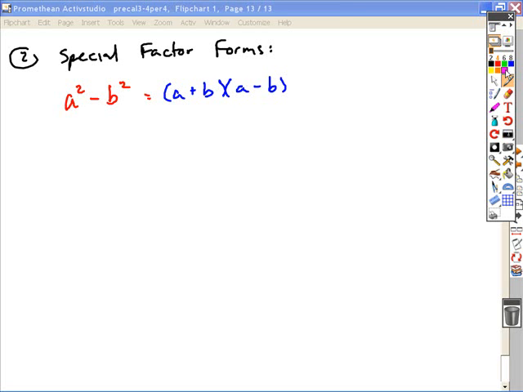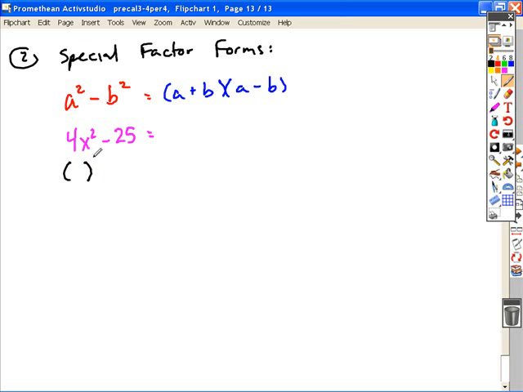So for instance, if you took a problem that looked like this, 4x squared minus 25. What you would do is, again, look to see, are there any common factors? No. Are your two terms each perfect squares? You'd need to check what base is being squared to give you this first term: 2x. And what base would you square to get your second term? 5.